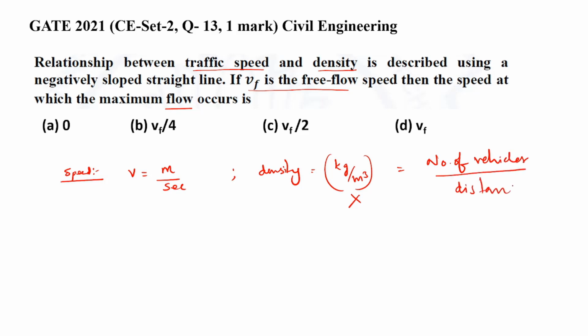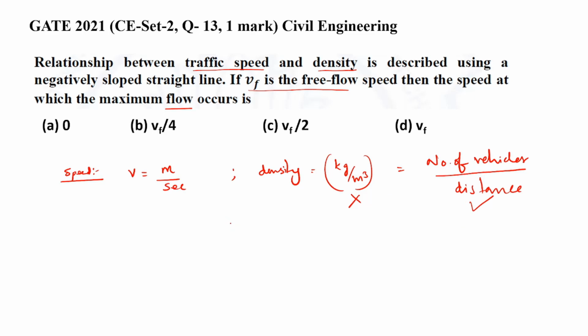So how many vehicles are there within a particular distance? It's like how much weight is there within a particular volume. In the same way, for a material, how many vehicles are occupied within a distance is the density of the flow.